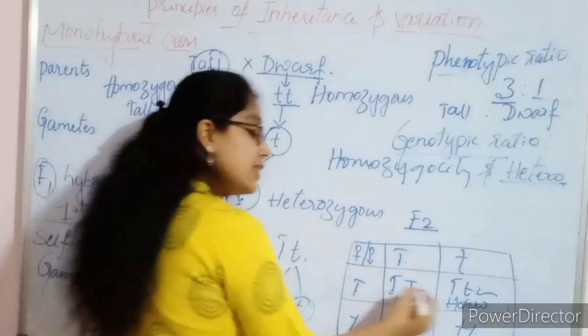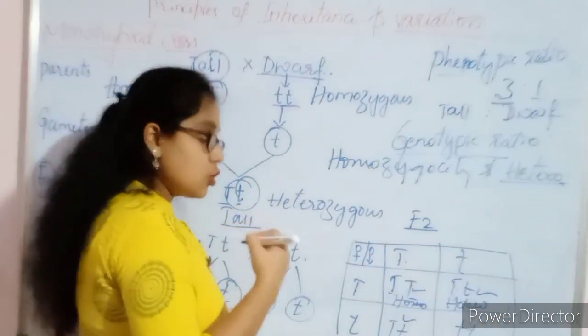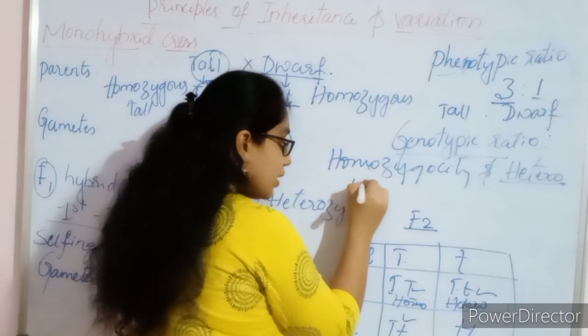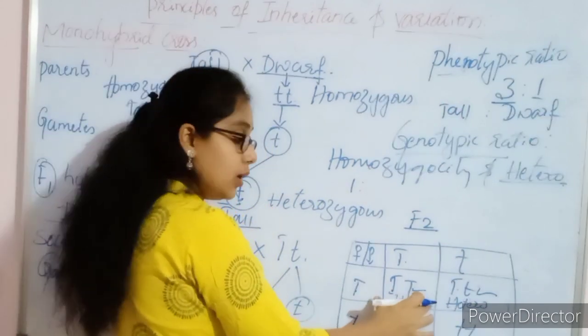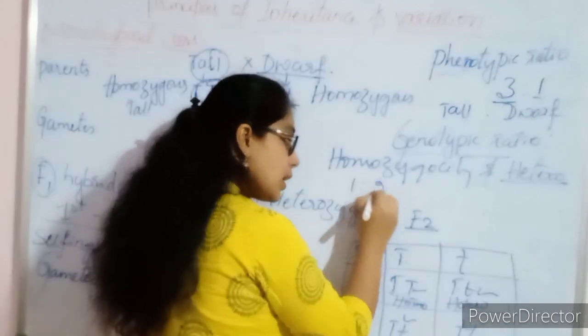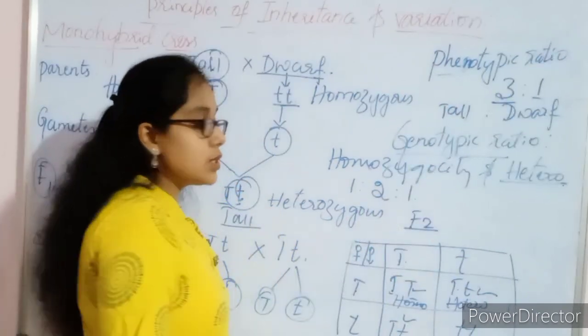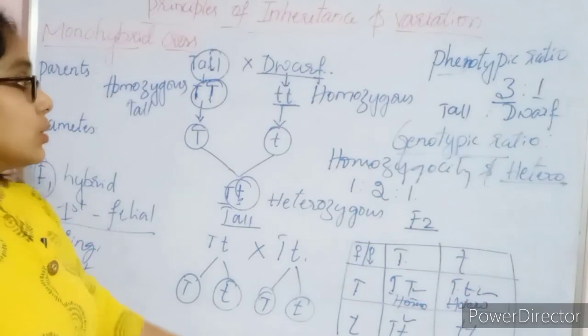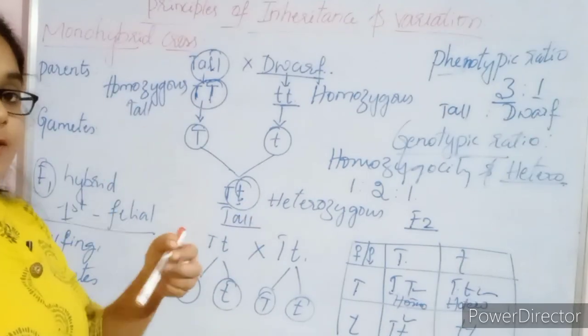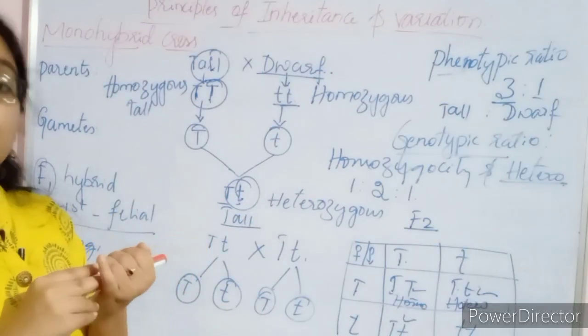Among these 3 tall plants, 1 is homozygous tall, 2 are heterozygous tall and 1 is homozygous dwarf plant. So this entire part is the experiment performed by Mendel.